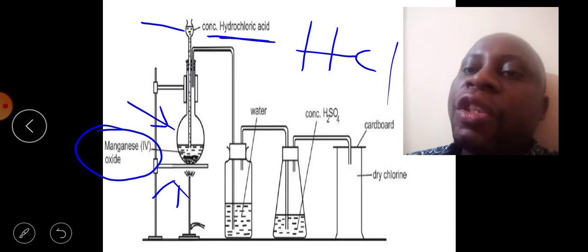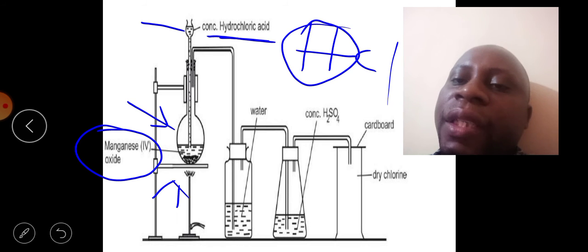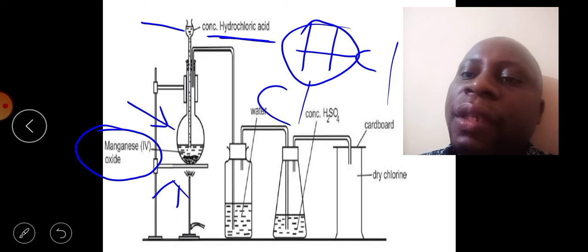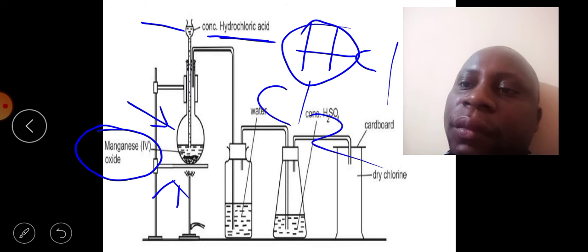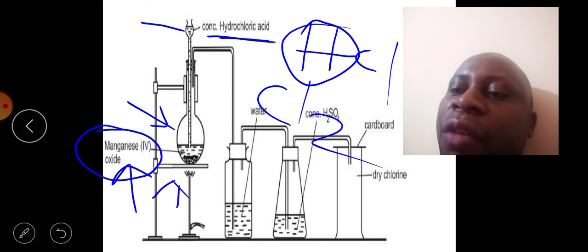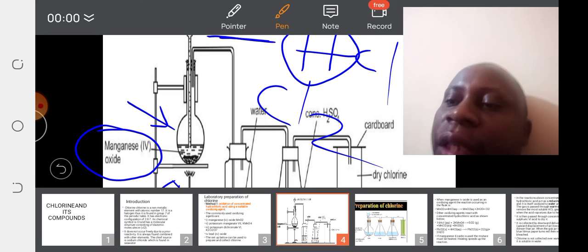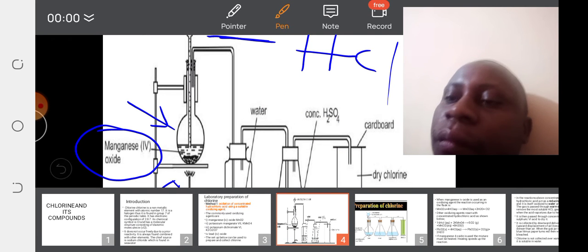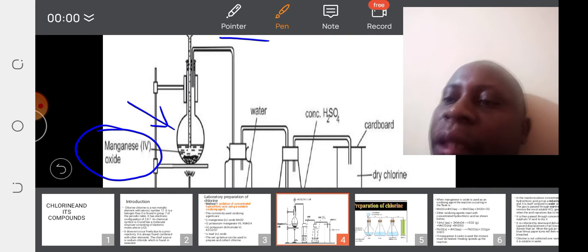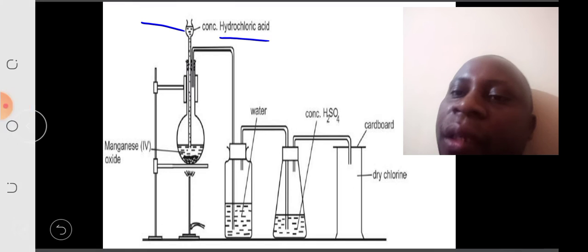That is, hydrogen will be removed from the HCl, hence producing chlorine gas. The hydrogen will combine with oxygen from the oxidizing agent to form water, while the acid itself will be oxidized to form chlorine gas. We shall see that equation later. Now, at this particular juncture, I want us to study this particular setup here.